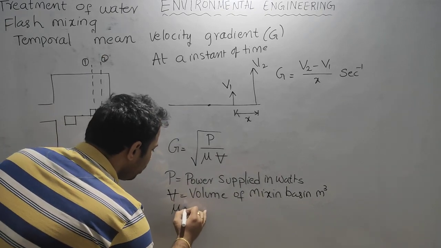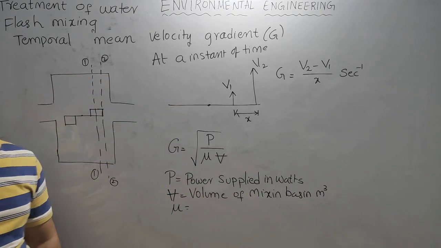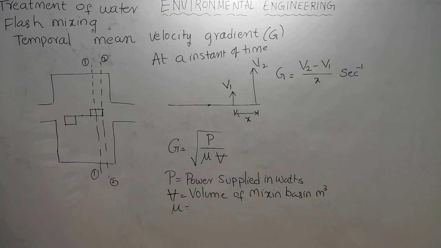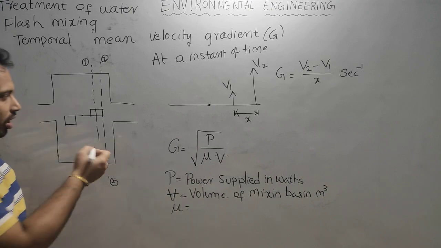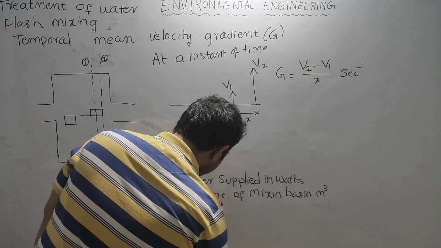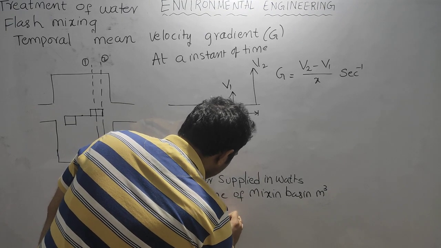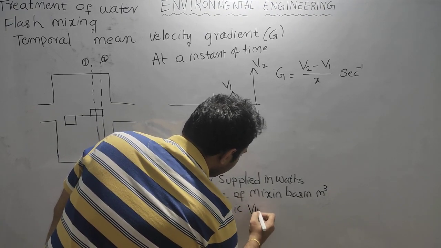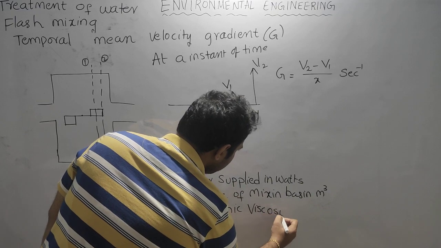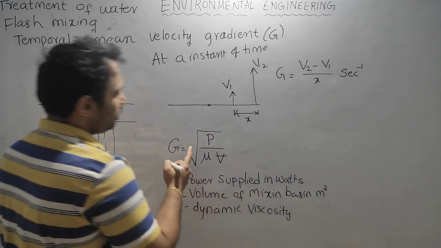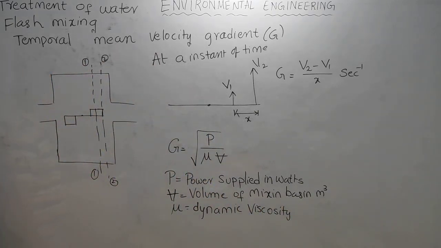Mu is the dynamic viscosity of the fluid, that is water. Dynamic viscosity of water or the fluid in the mixing basin. Here this is an empirical formula. We need to remember the units. Units are very, very important.